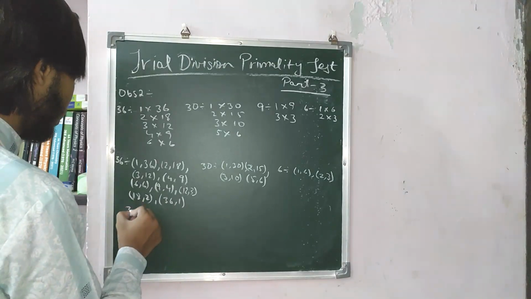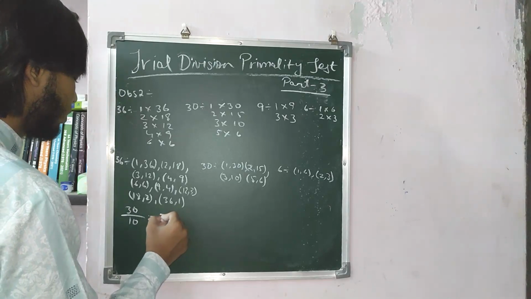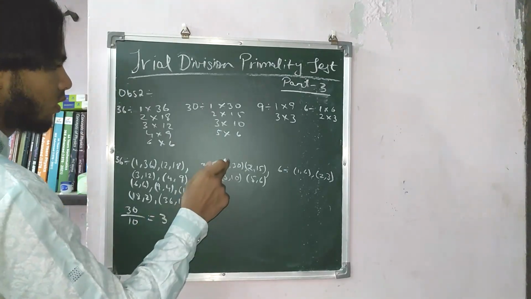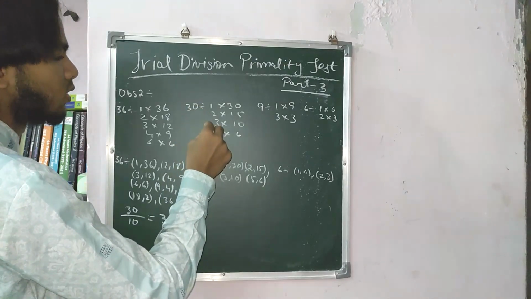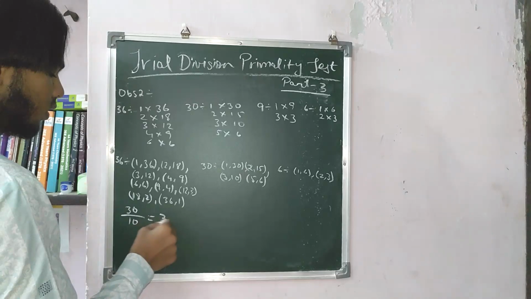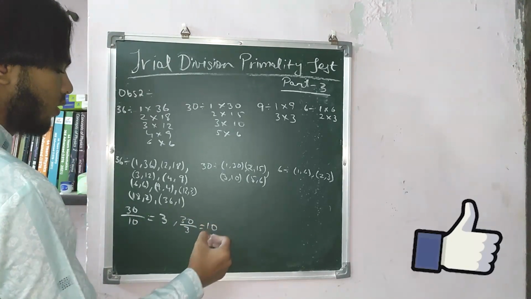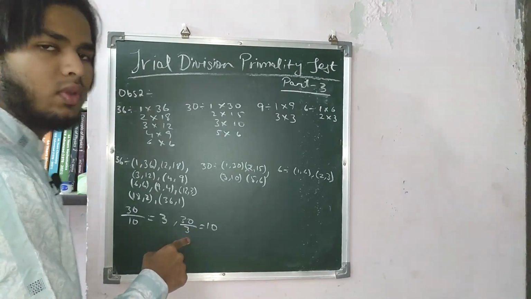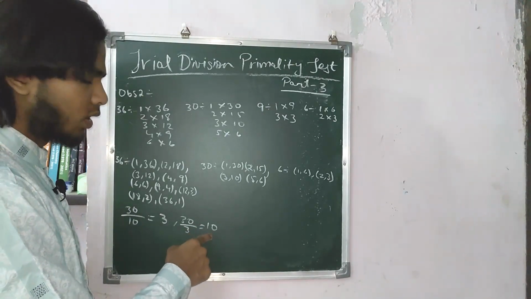Example 30. When we divide 30 by 10, we get 3. So you can see that 10 is a factor of 30, as it divides 30 completely, and 3 is also a factor of 30. 30 divided by 3 is equal to 10. So when we divide by one factor, we get another factor.